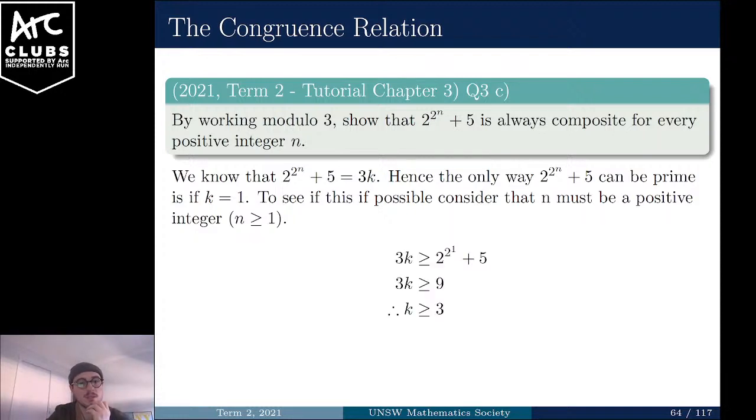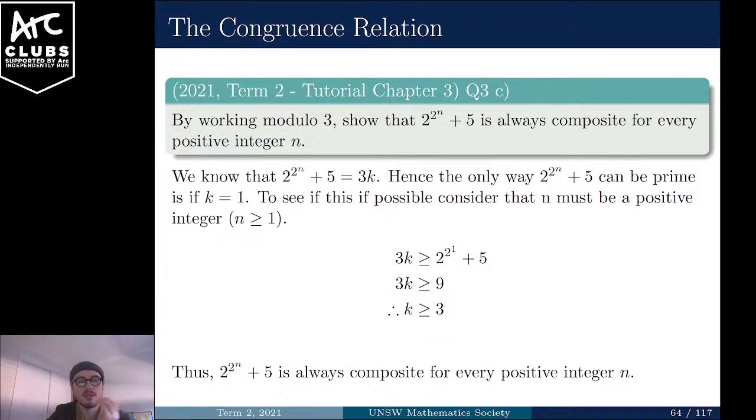So if we try to see if this is possible, we look at this expression, and we know we're looking at positive integers n. We use this condition and work through, and we see this is a contradiction. We said that k had to be 1, but now k has to be greater than or equal to 3. Surely that can't be true. So we've reached a contradiction. Therefore, it's always composite for every positive integer n.